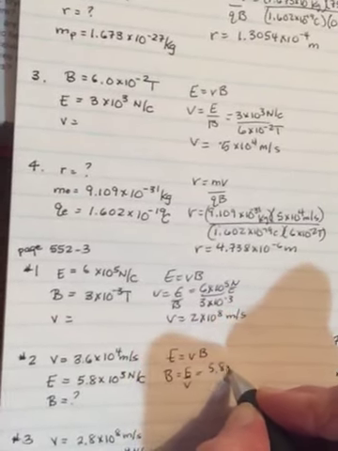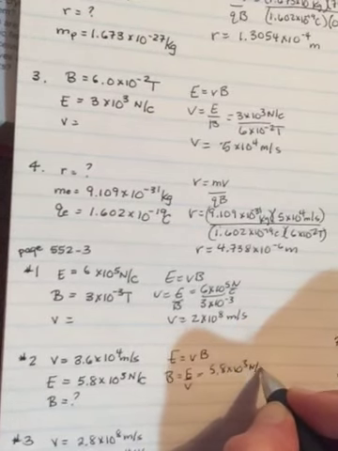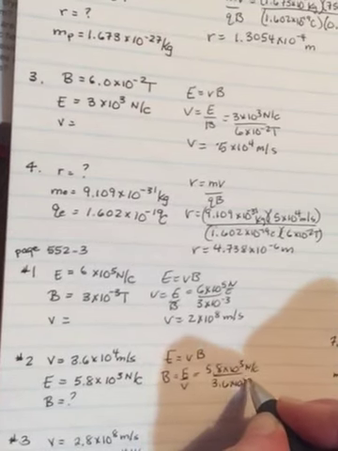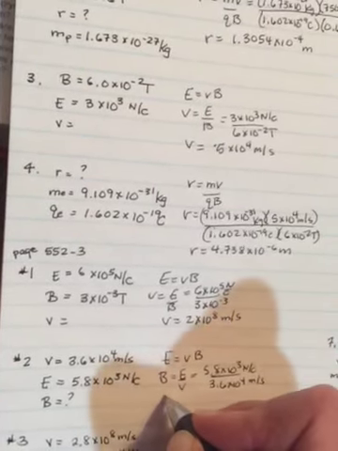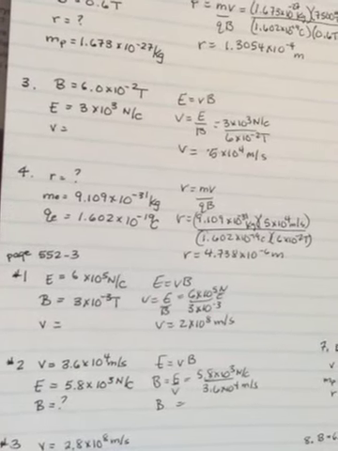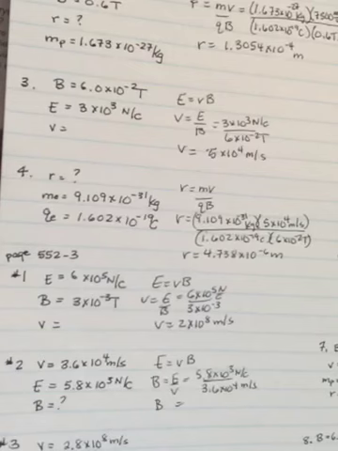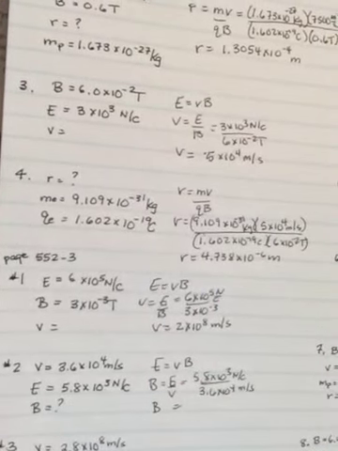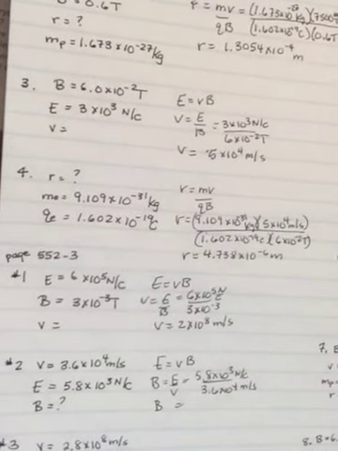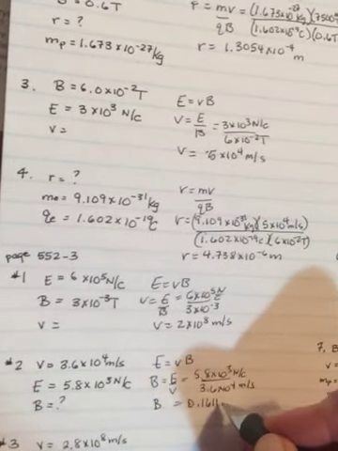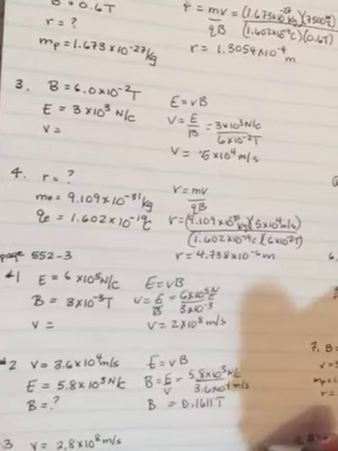So 5.8 times 10 to the 3rd newtons per coulomb, divided by 3.6 times 10 to the 4th meters per second. 5.8 divided by 3.6 gives 0.1611, etc. Teslas. Kind of looks like the one's repeating.